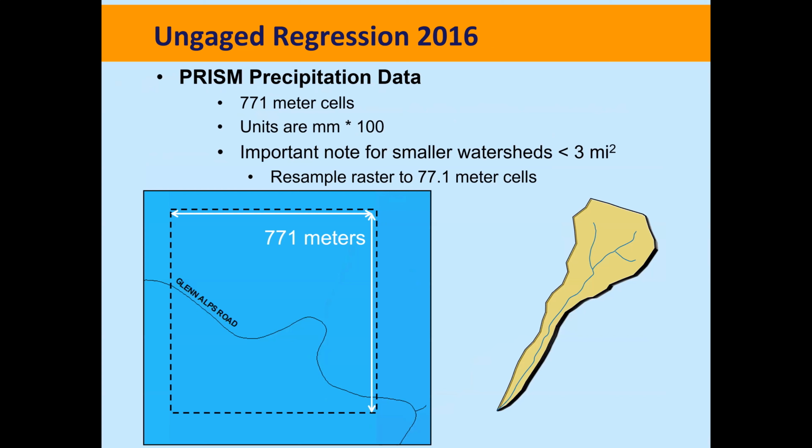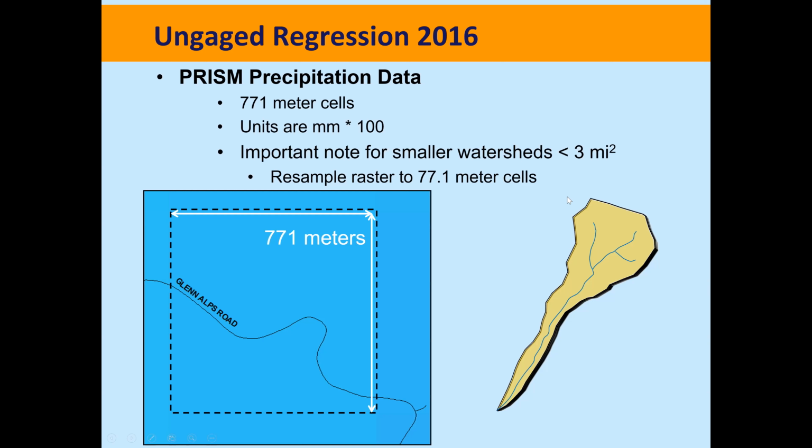And a little bit more on the PRISM data: it comes in 771 meter cell sizes. Units are millimeters times 100. And an important note from chatting with DOT a few years back, they were finding that some of the smaller watersheds on the Richardson Highway had some trouble using that larger 771 meter cell size, because if a cell was not entirely within the bounds of your watershed delineation, it wasn't getting included in the average.